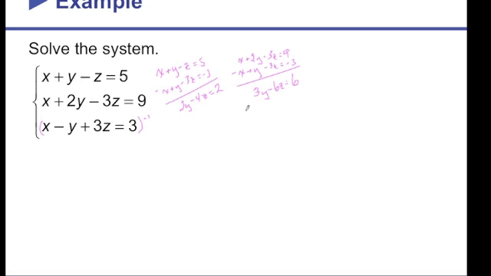Well, let's take this equation times 3. That will give me 6y minus 12z equals 6. And I'm going to take this equation times -2.